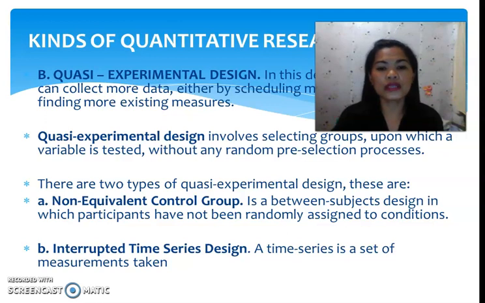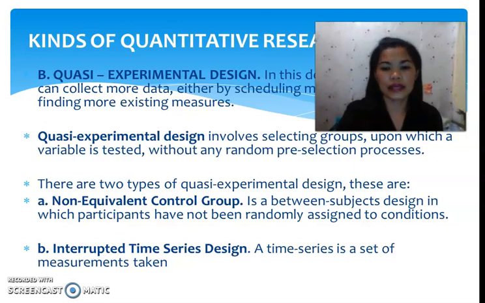So they're together in a control group, and it is called non-equivalent because they're not assigned randomly. And then interrupted time series design: a time series is a set of measurements taken.